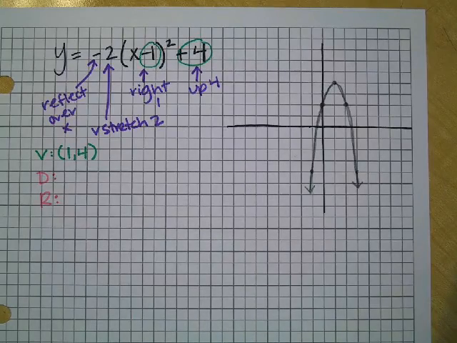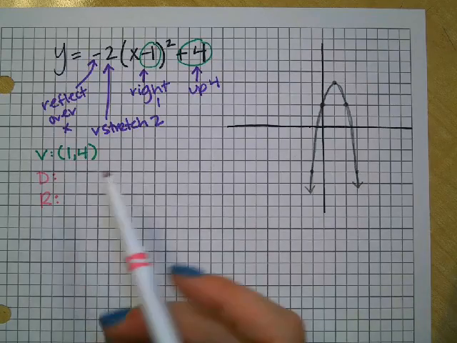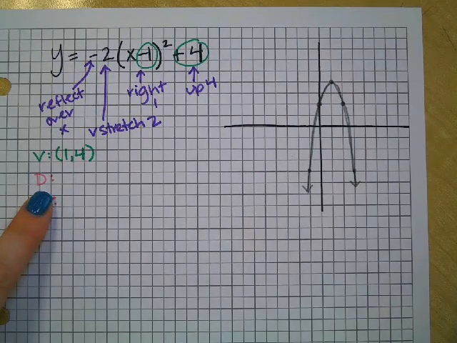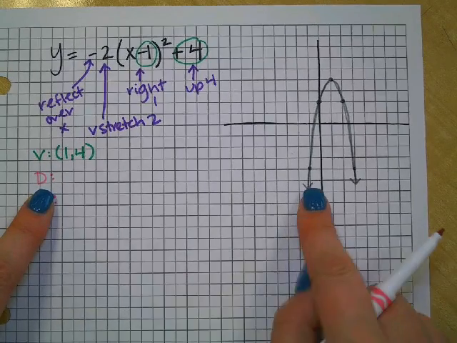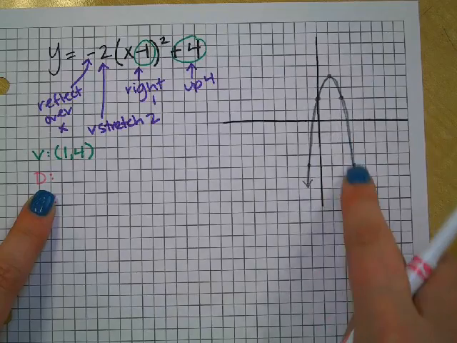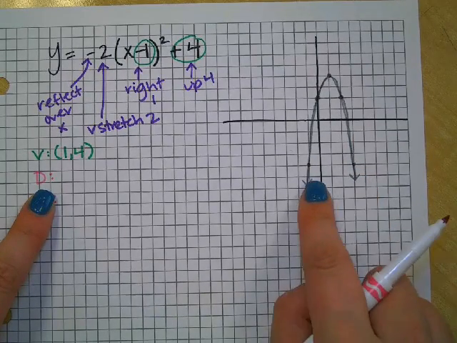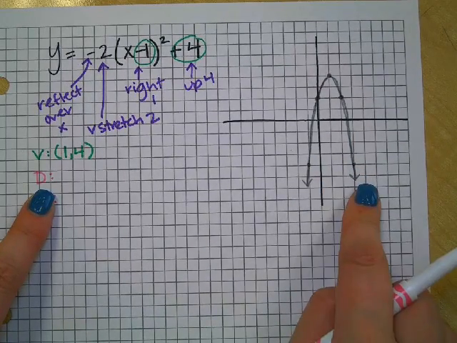So on here, these are very similar to the absolute value graphs because a U and a V are very similar shapes, right? So the domain is still going to be negative infinity to infinity for every single problem because if you look here, there's no x values that get skipped. This graph goes left forever, this graph goes right forever.